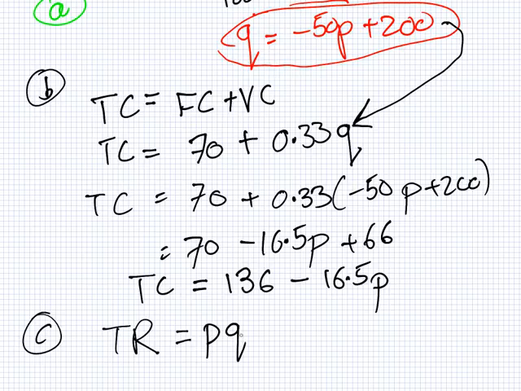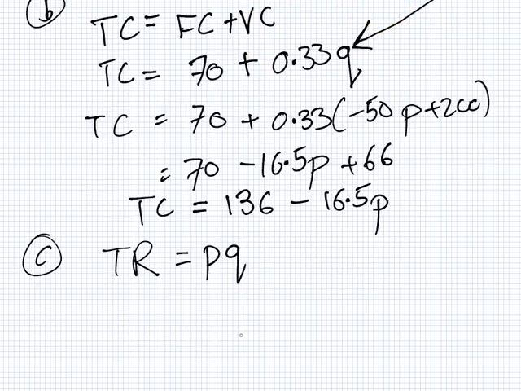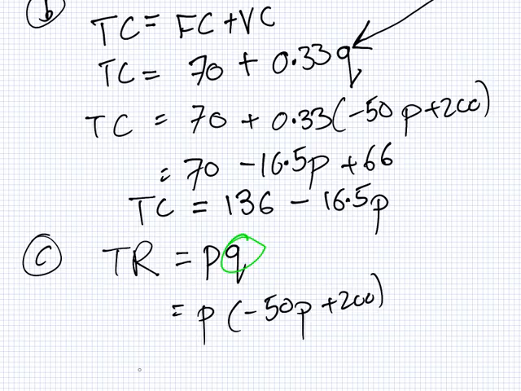Sales revenue, okay. Total sales revenue then, PQ. Okay, again, I don't want the Q here, so I'll replace the Q again. So I get total revenue is P times minus 50p plus 200. So total revenue is minus 50p squared plus 200p.